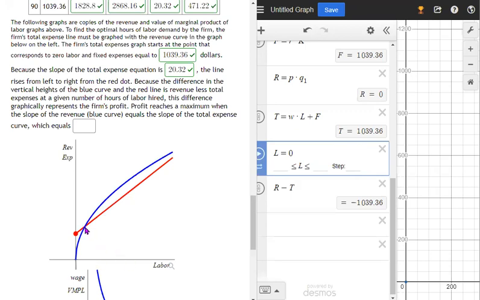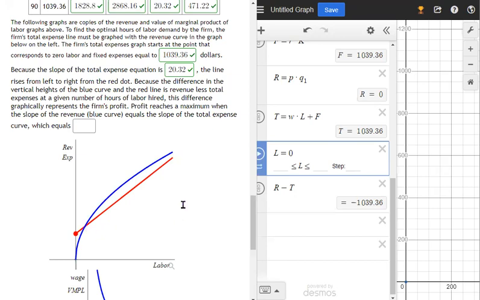At this quantity of labor, whatever that is, revenue equals total expenses. So we'd be breaking even there, right? Eventually, for larger amounts of labor, this blue curve continues to curve in while this line here continues straight out. And so we have two break-even points with respect to labor.